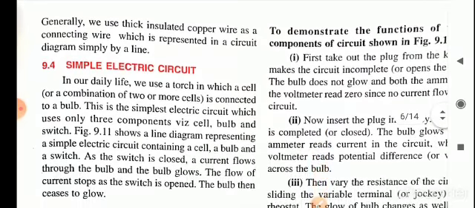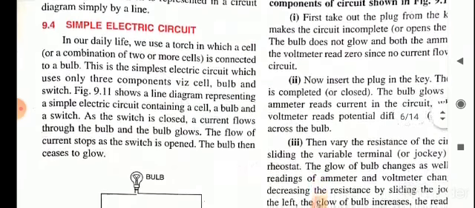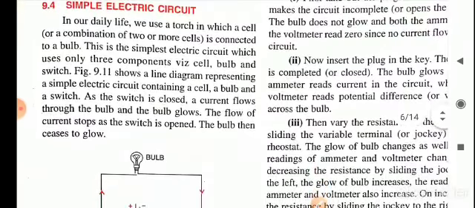To demonstrate the function of the components of the circuit shown in the figure, first take out the plug from the key. This makes the circuit incomplete or open, the bulb does not glow, and both the ammeter and voltmeter read 0 since no current flows in the circuit.